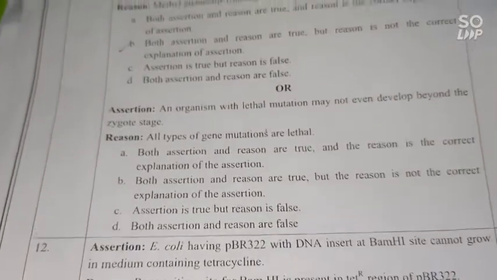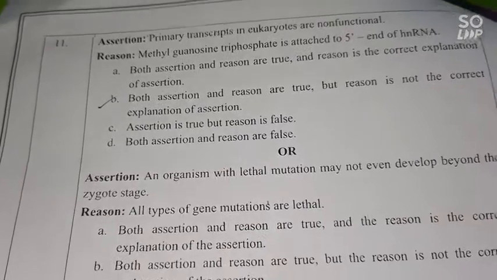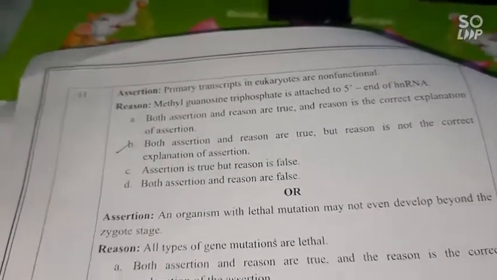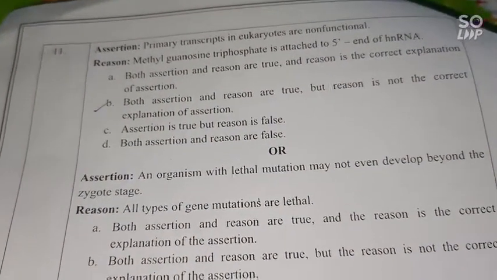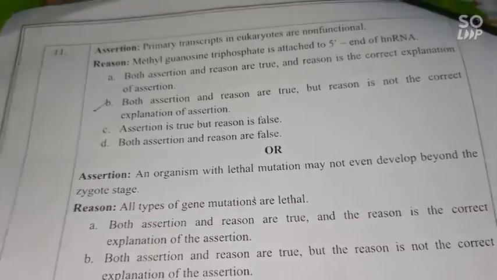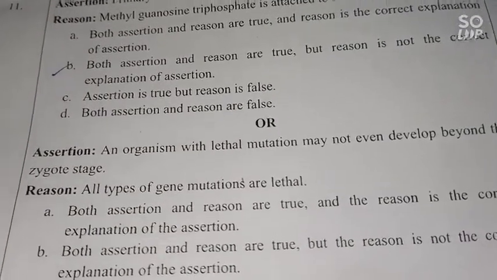The next questions, question number 11 to 14, are assertion and reason type questions. Assertion means a concept which is given, and reason is justifying the concept or giving an explanation of the concept. There are 4 standard options for assertion and reason type questions.